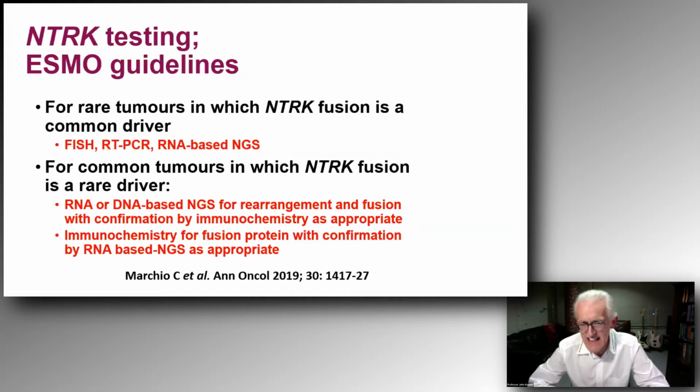I think what they're really saying is that in an ideal world, you would do both sequencing and immunochemistry. So you know that your evidence of rearrangement and fusion by NGS is genuinely linked to a fusion protein, and conversely, if you have a fusion protein, then you can confirm using NGS that it is being generated by a chromosomal rearrangement and is not spurious and non-specific. So they do make sense when you look at them that way.